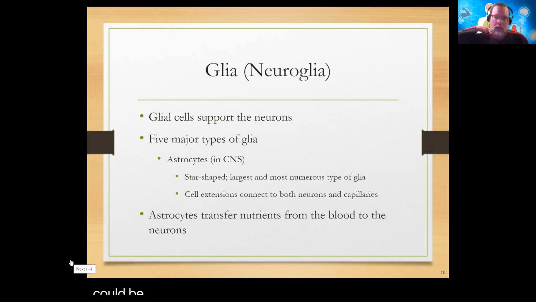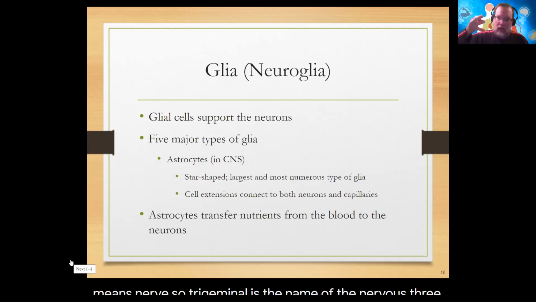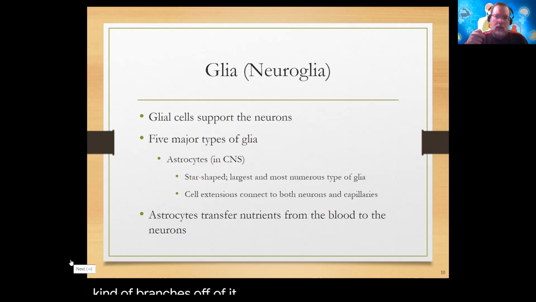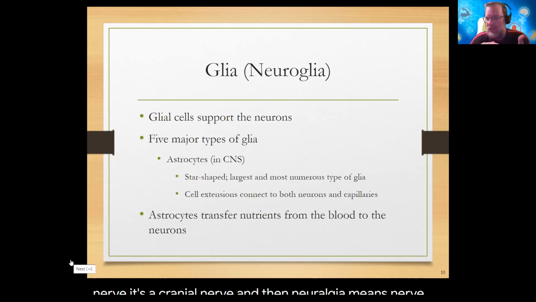Neuralgia: algia means pain, and neuro means nerve. Trigeminal is the name of the nerve. It has three branches off of it. It's a cranial nerve, and neuralgia means a nerve condition of a nerve being in pain.